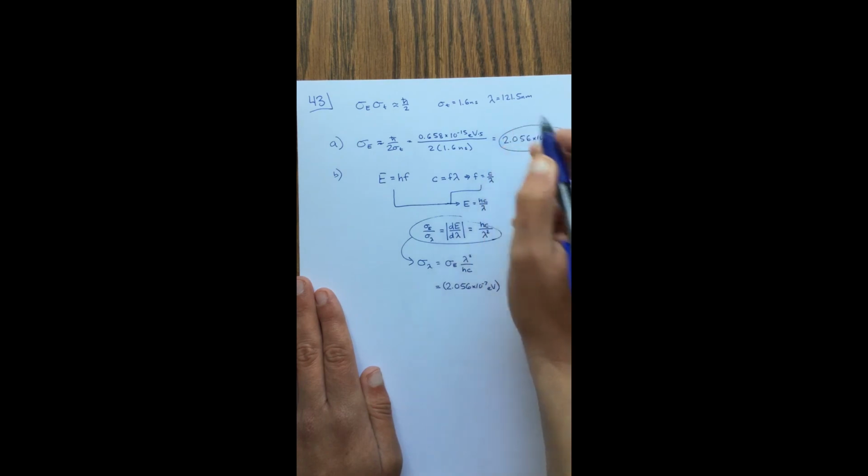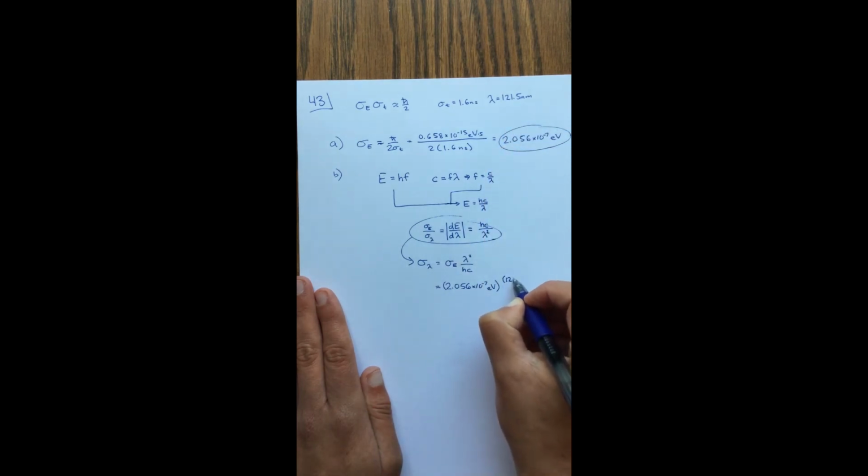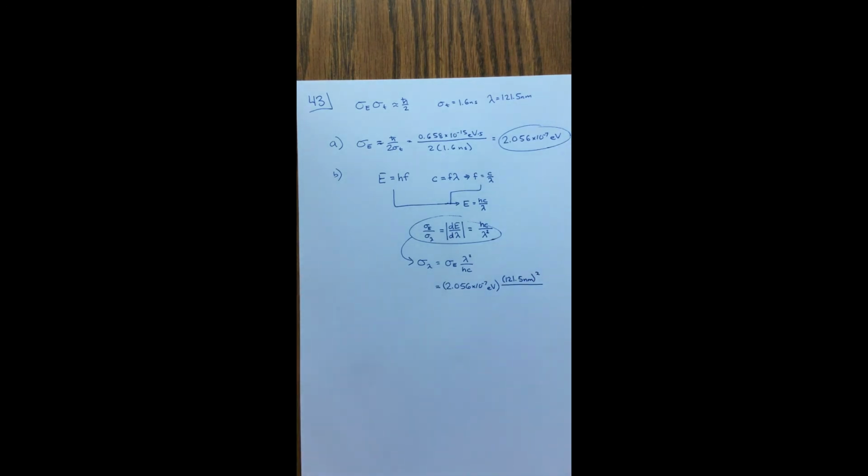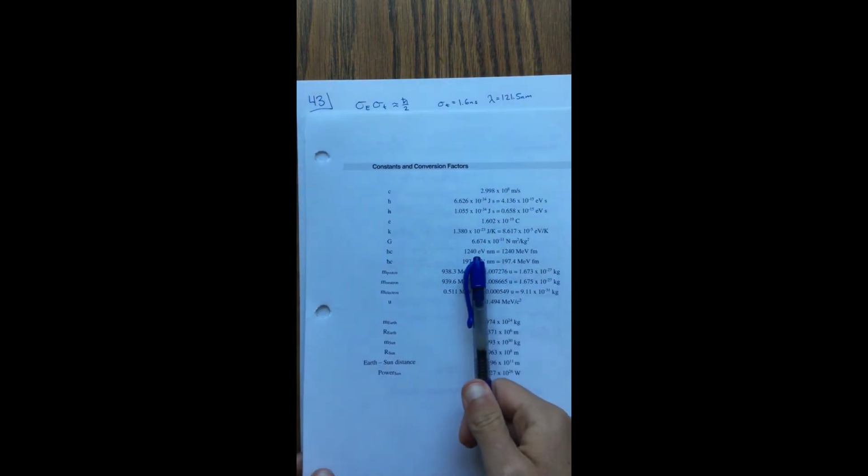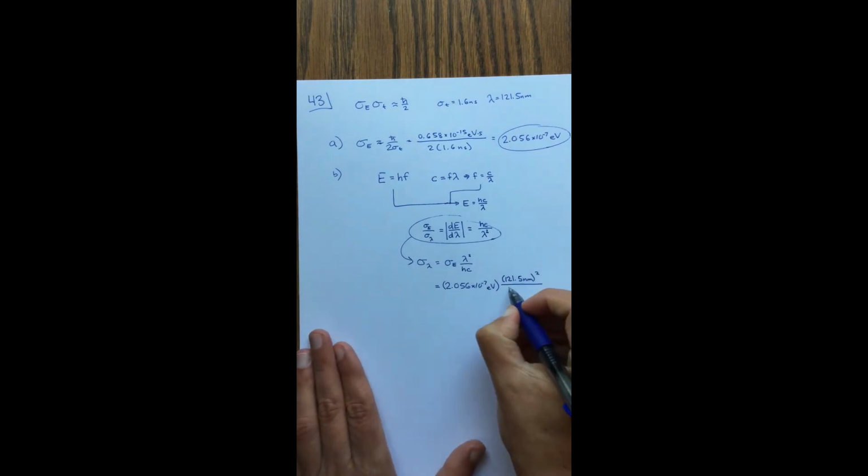They gave me the wavelength, that's 121.5 nanometers, squared, divided by hc. So if we go to the appendix, we have hc is 1240 electron volt nanometers. So this is divided by 1240 electron volt nanometers.